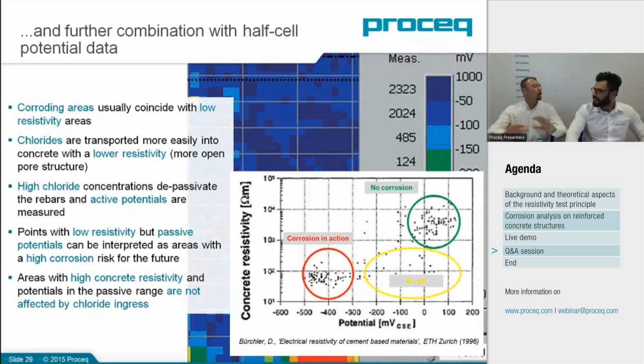The mapping of the half-cell potential values, and even more than the values in themselves, the gradients and the shape of the variation, is the tool that we use to verify and to find active hotspots. I'll be more than happy to keep on the discussion, but half-cell potential in itself probably deserves a whole session that we don't have here.